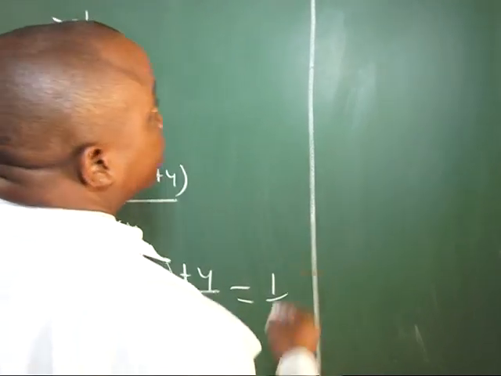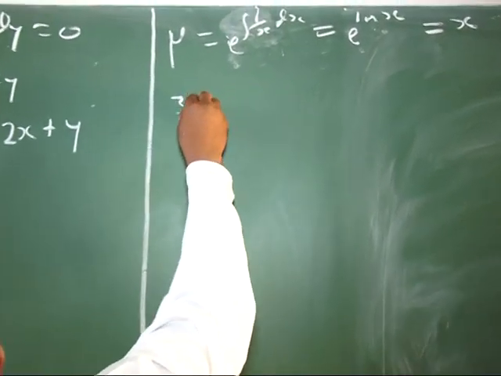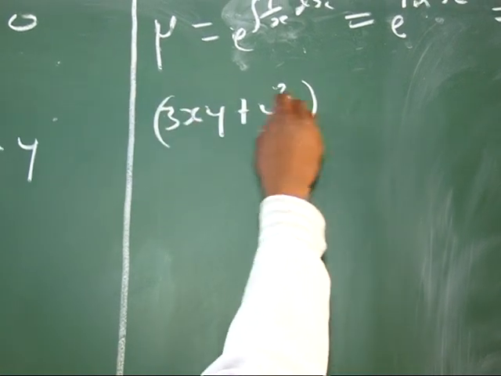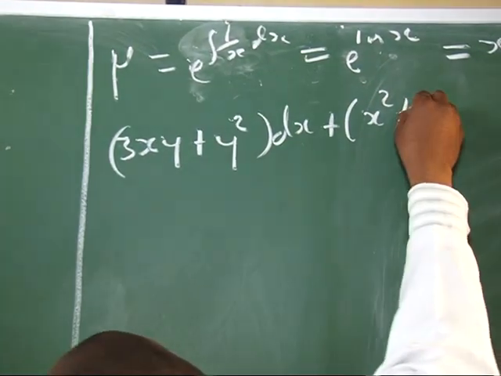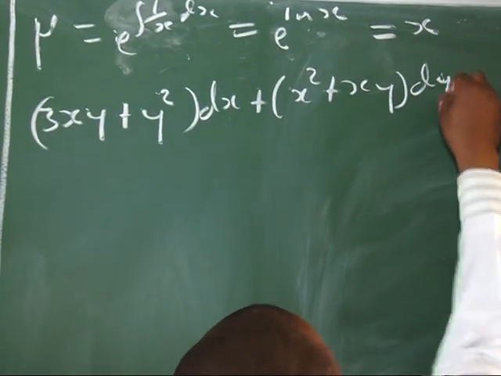Now, let's see. The given equation was (3xy plus y squared) dx plus (x squared plus xy) dy is equal to 0.